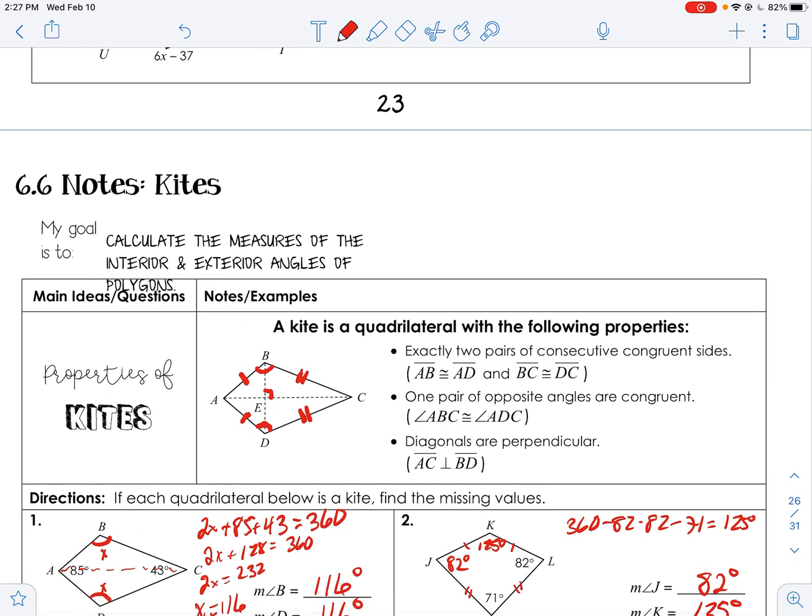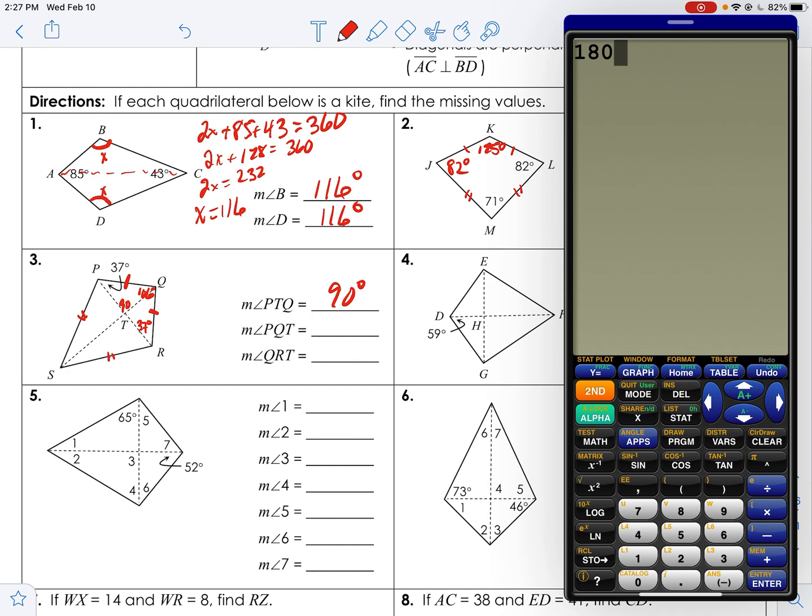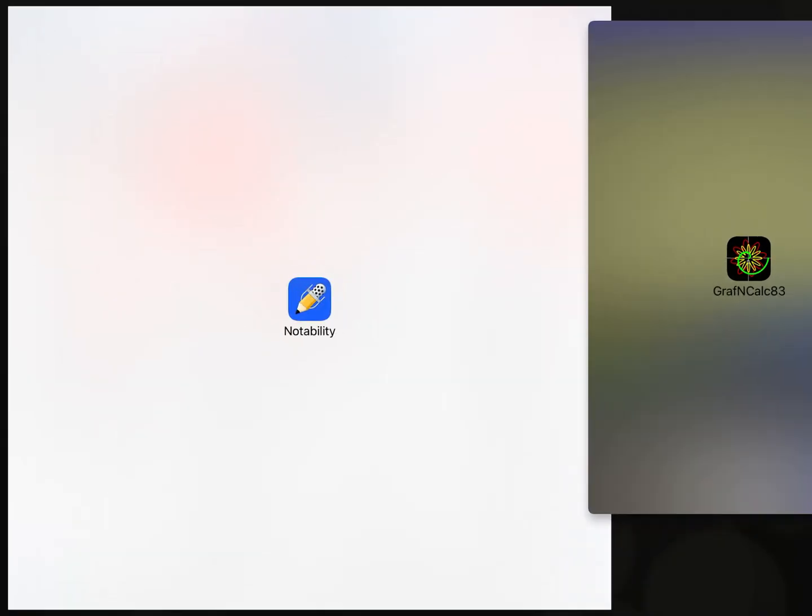PQT, well, what do we know about diagonals? Well, we could figure that out. We don't know anything about it particularly, but we do know that a triangle is 180, and we got one that's 37, we got one that's 90. So that's got to be 53. What's 106 minus 53?